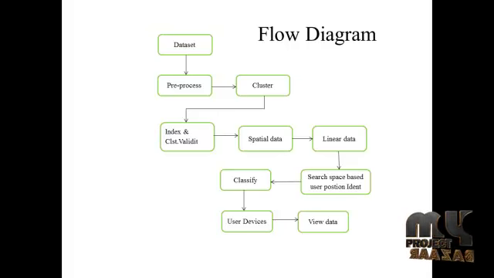The next step is data clustering. Clustering is the task of grouping similar objects into the same groups, based on the user's process. Next is the spatial data, which is based on the user's current location derived from the user's smartphone and the query results returned by the server. For example, a user standing in one place uses the smartphone to check for an item, to identify which famous place to visit.